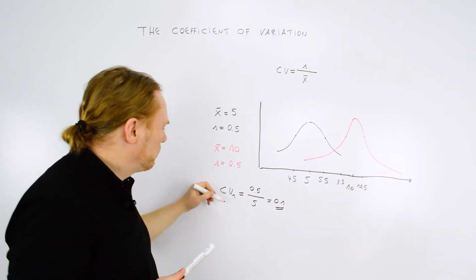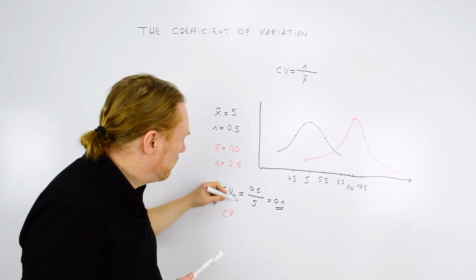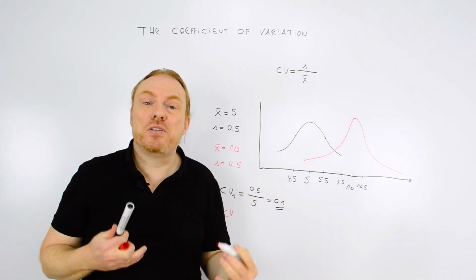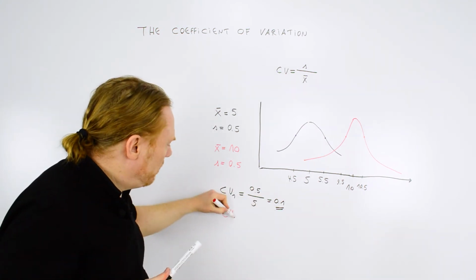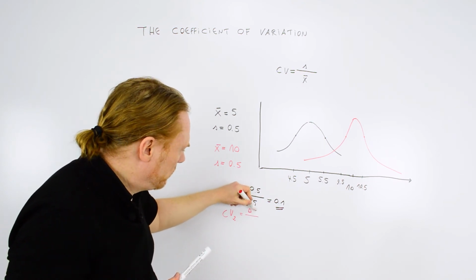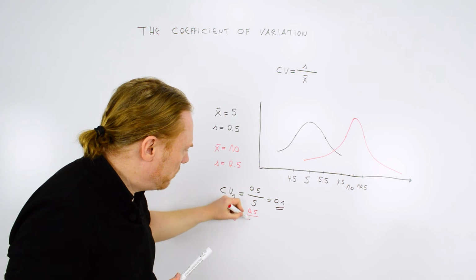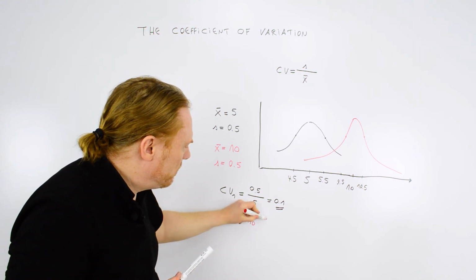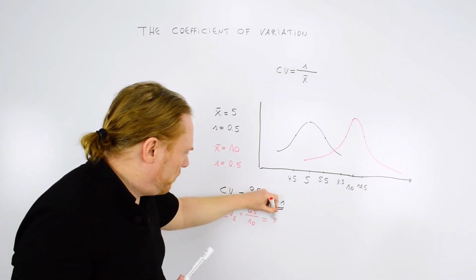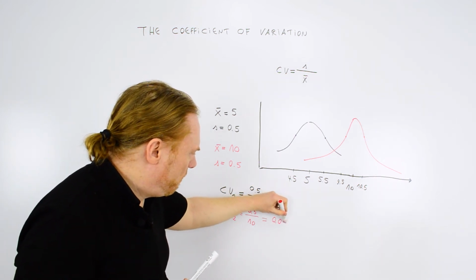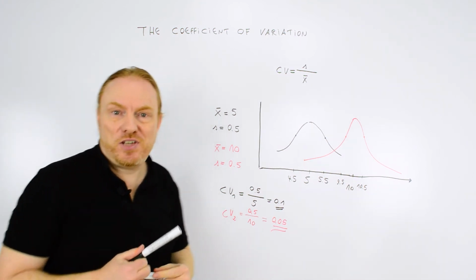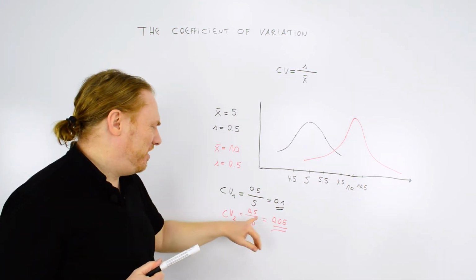The red one, the relative measure of dispersion, is, in absolute terms, the same 0.5, but in relative terms it's not, since 0.5 divided by 10 is equal to 0.05, as I would say, not making use of a handheld computer, but it's easy, of course.